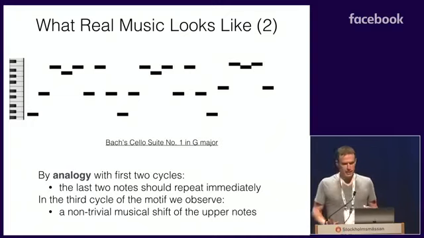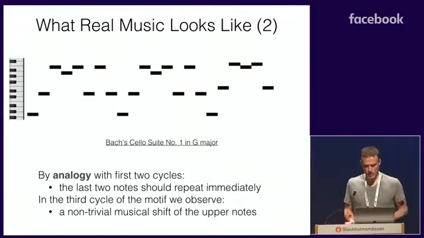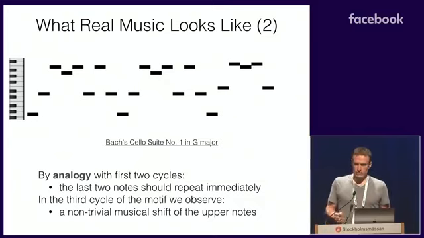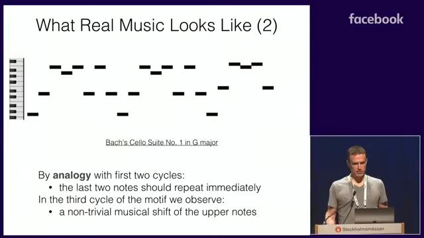But we'd also argue that it's not really sufficient to search for exact matches. And the reason why is exemplified by this fragment of music here. In this music, you can see an 8-note motif is introduced, and then it's repeated exactly, and then it's repeated with a transformation. So in the third cycle, we can see that the upper notes are actually shifted in a musically sensible way.